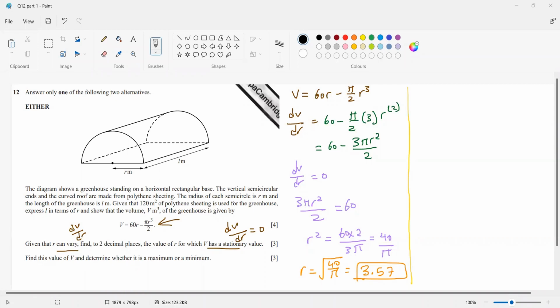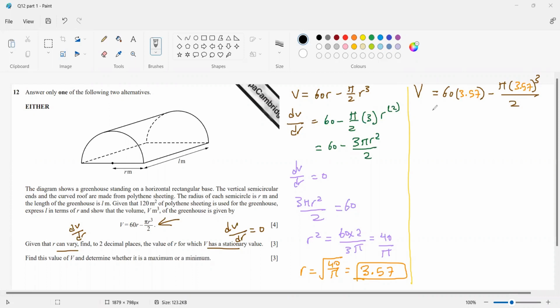Please understand the two steps there, and let's calculate it out. With r equals 3.57, using the 2 decimal place approximation, V equals 60 times 3.57 minus pi times 3.57 cubed, whole thing over 2.